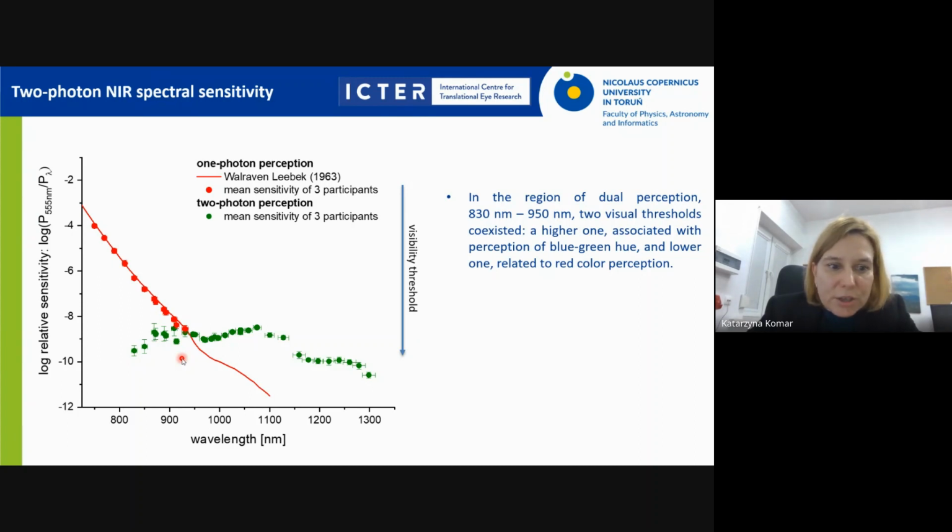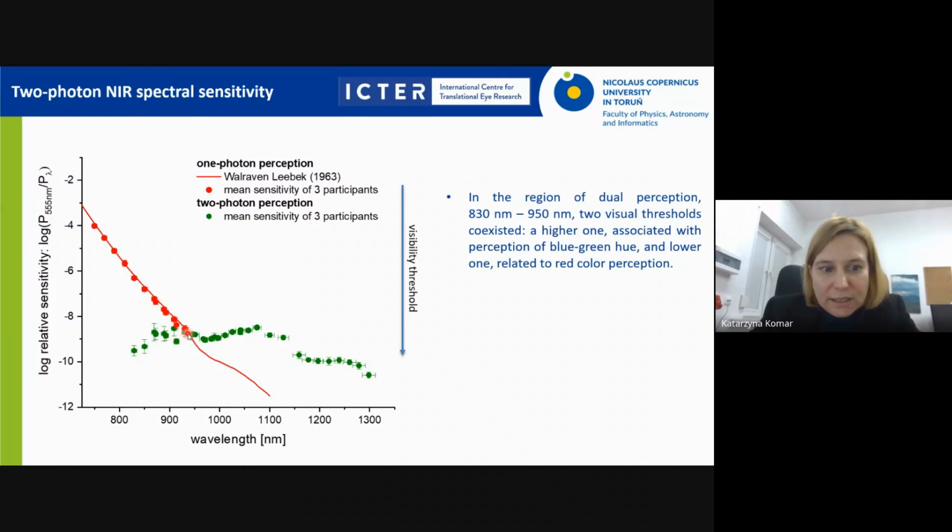So we can basically measure 2 visibility thresholds. One higher threshold was connected with the perception of this additional blue color, and the lower threshold was connected with the perception of the red color. When we plot these thresholds, we found that the one connected with the perception of red color matched very well the known curve from literature. However, the blue ones did not.